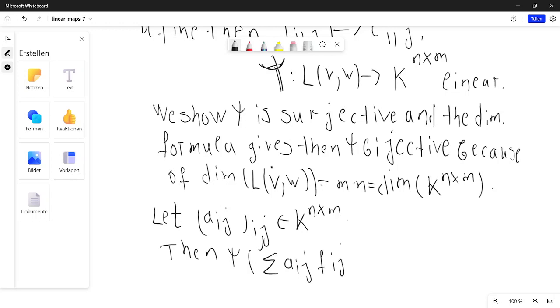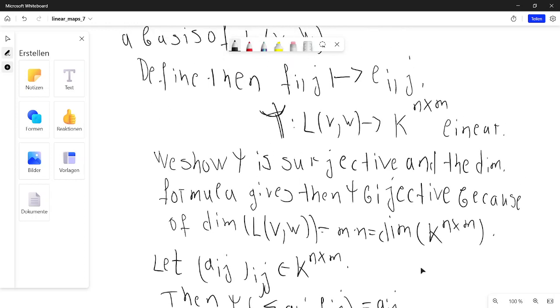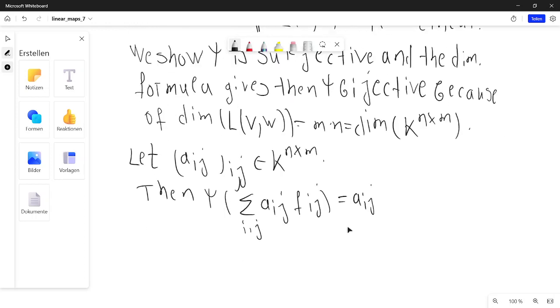Psi of the sum of Aij Fij gives you exactly Aij via linearity. I use linearity. Psi of Fij is exactly Eij. So you have Eij here, and that is just trivially Aij, as we liked to have, right?